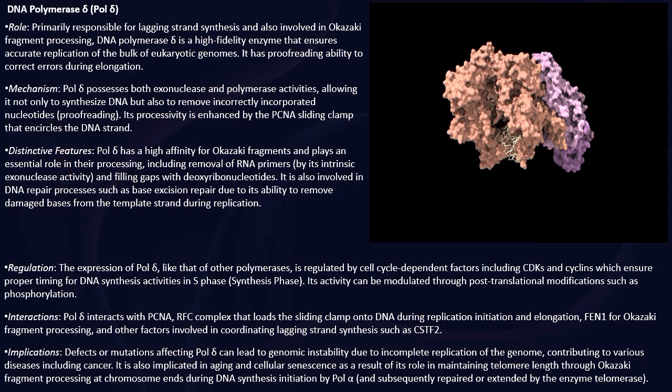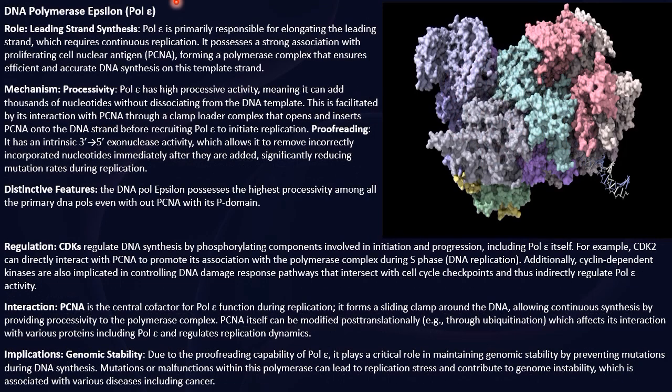Now let's talk about DNA pol epsilon, whose primary role is to synthesize the leading strand. But just as in the case of DNA pol delta, we also have evidence which suggests that DNA pol epsilon sometimes synthesizes the lagging strand also.